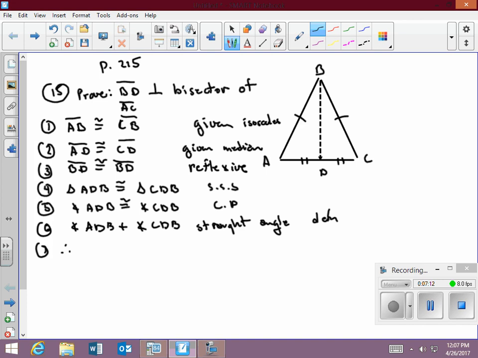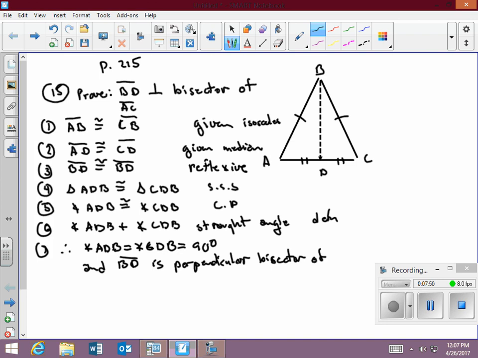Therefore, angle ADB equals angle CDB equals 90 degrees, and BD is perpendicular bisector of base AC.